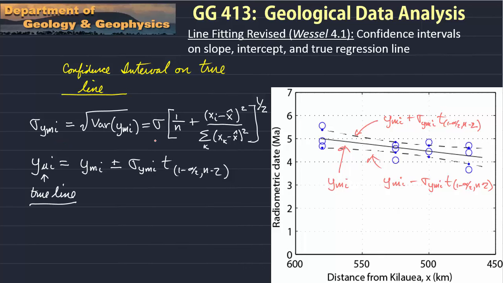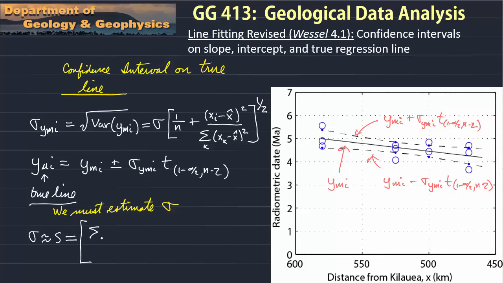But one thing you might have noticed is that we're using the true value of the standard deviation of our noise. And we don't often know that. So we must estimate sigma. And we do that by estimating sigma as S, the standard deviation of the noise about our best fit line.